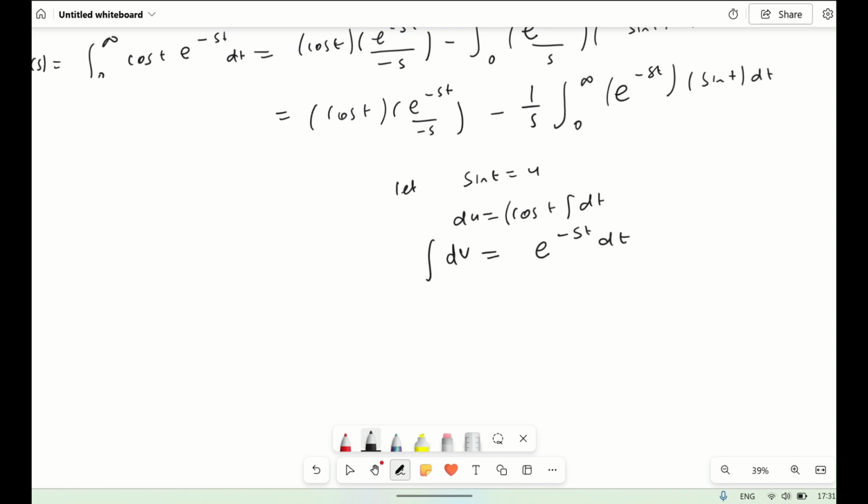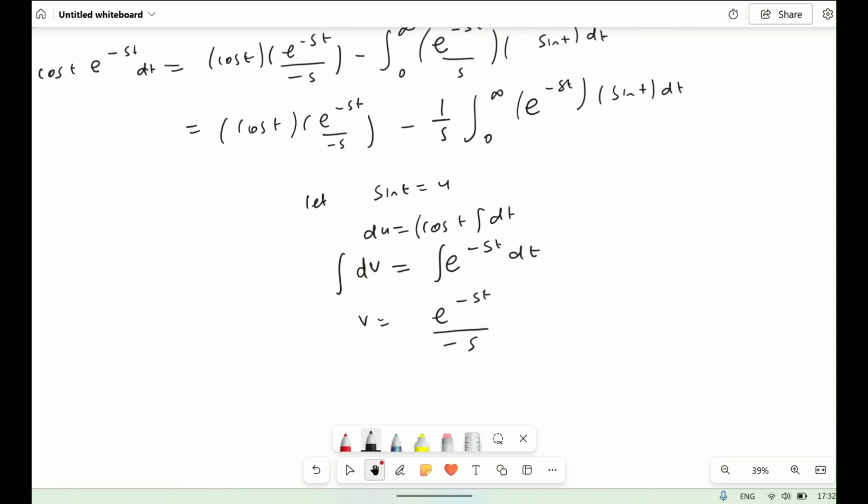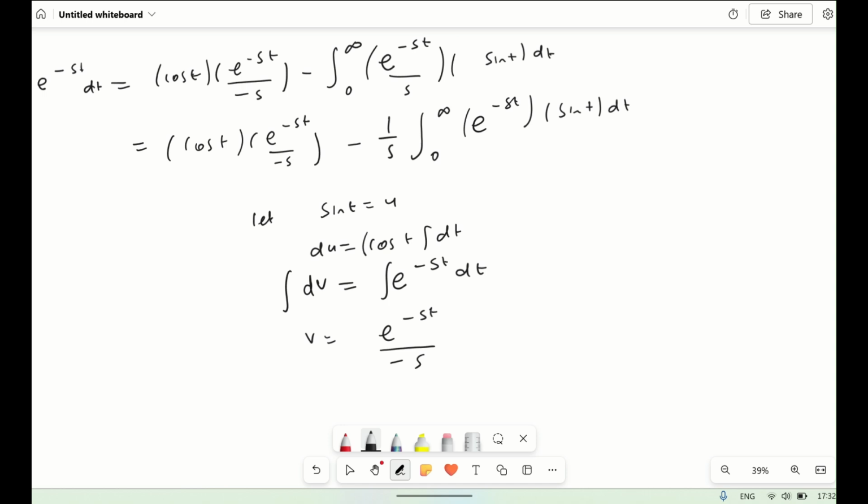And then we're going to integrate both sides. Our v is equal to e to the negative st all over negative s. I hope it makes sense so far. So now I'm substituting, right?